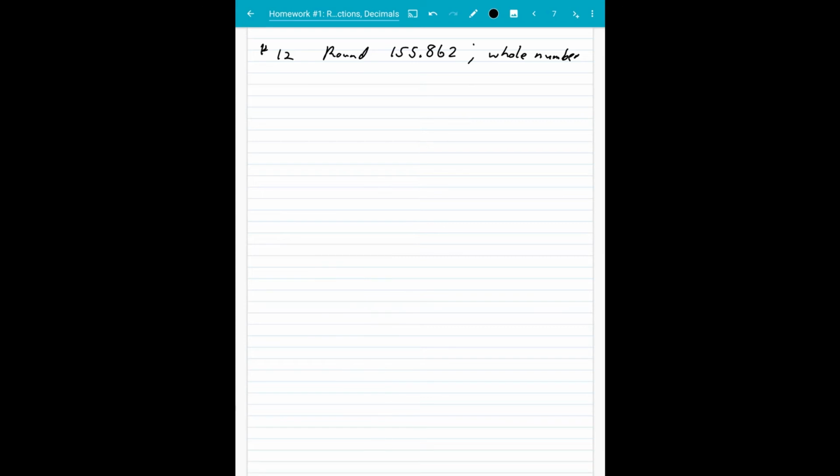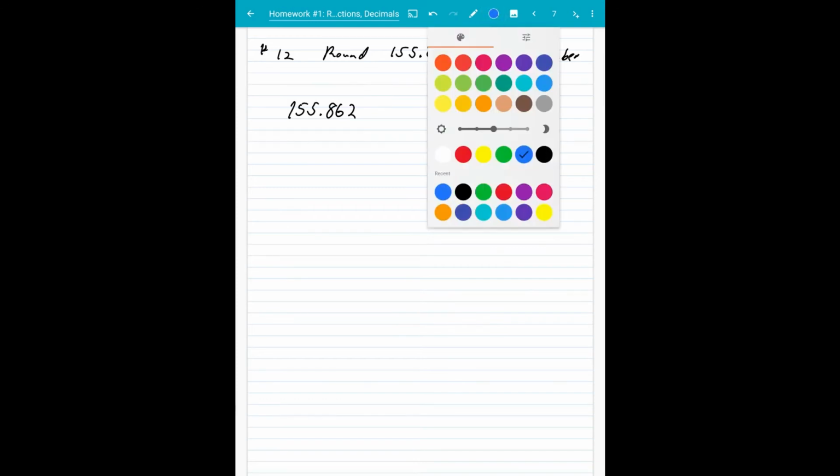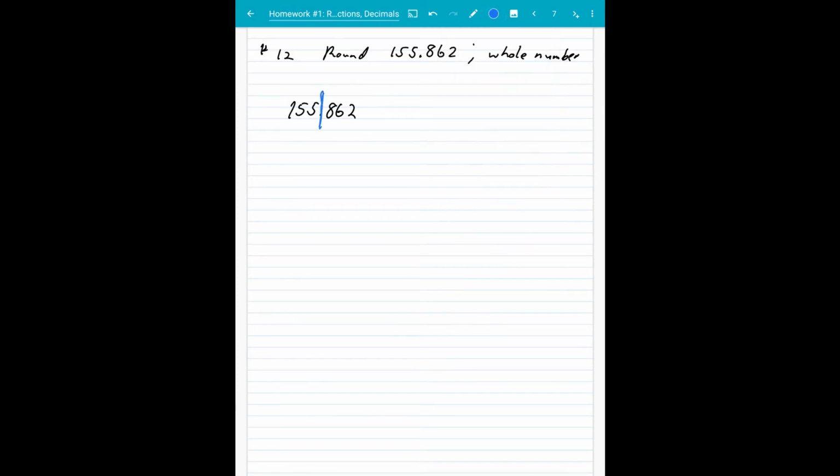So the whole number for this would be where the decimal is. This is the line of demarcation between whole numbers and fractions. So we need to round this number right here, the 5, up or down. Since 8 is in between 5 and 9, we're going to round this up, and that makes it into 156. That would give us our answer for that one.